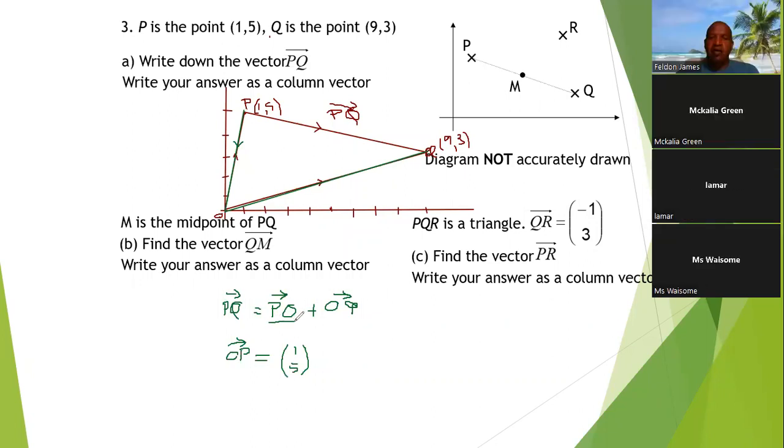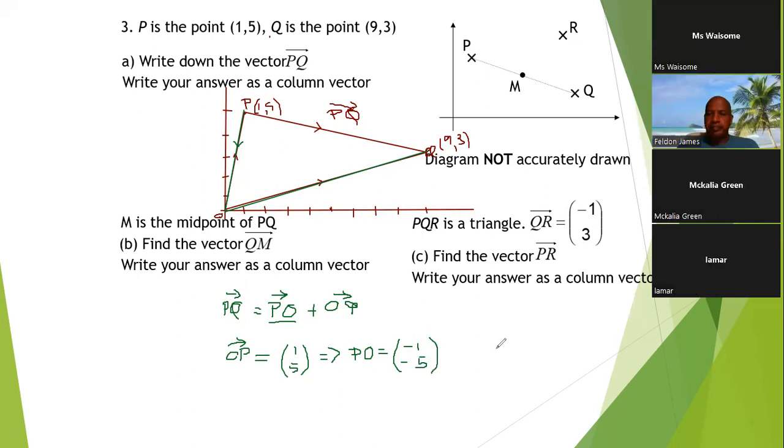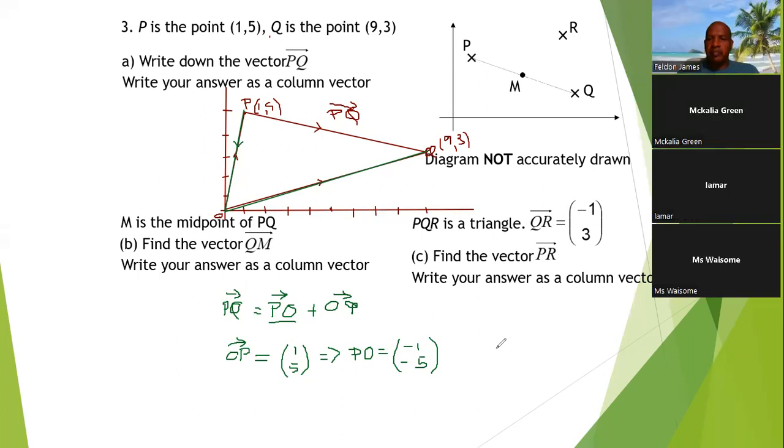But this vector is not going from P to O. It's not going from O to P. This one is going from P to O. So if you're going from P to O, it means that you have to have the negative. So this implies that PO would be equal to the negative of OP, which is -1, -5. Raise your hand if you understand that logic, students. Let me see those who understand what just happened.